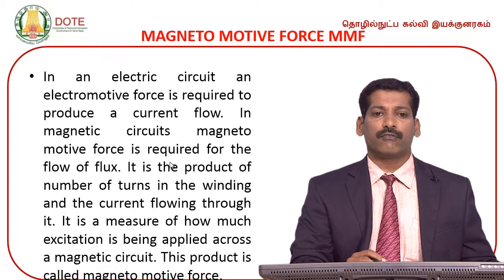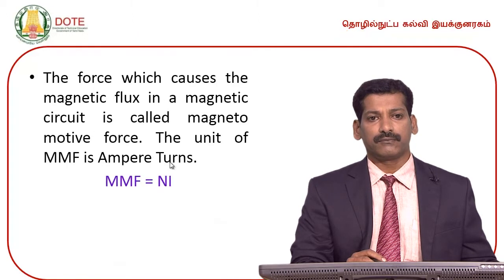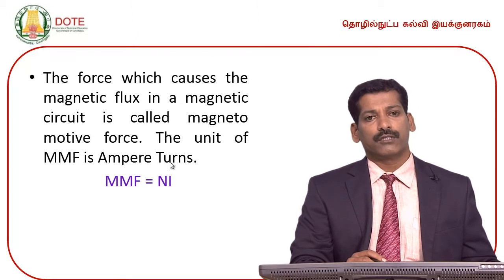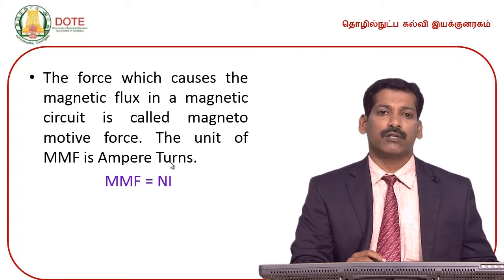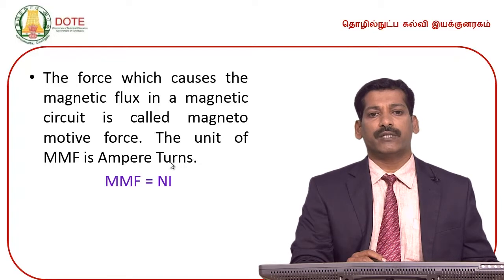It is a measure of how much excitation is being applied across a magnetic circuit. The force which causes the magnetic flux in a magnetic circuit is called magnetomotive force, and its unit is ampere turns. MMF is equal to N into I, where N is the number of turns of the coil and I is the magnitude of current passing through the coil.